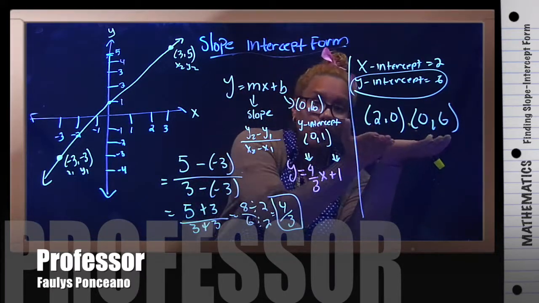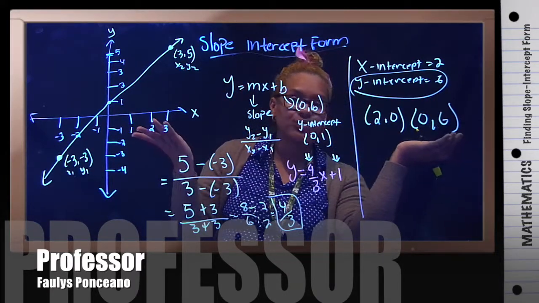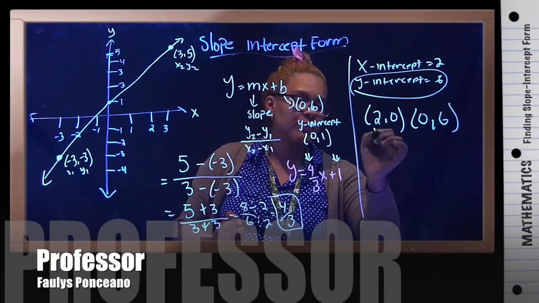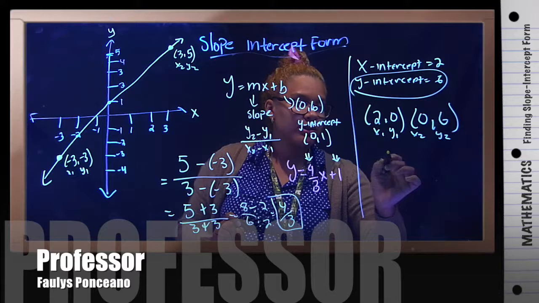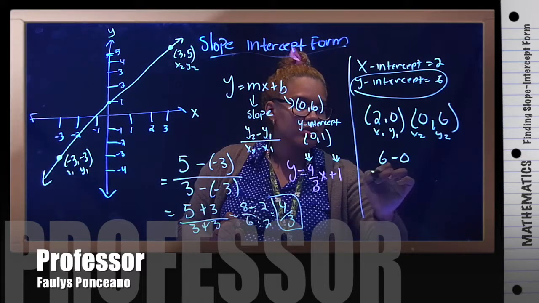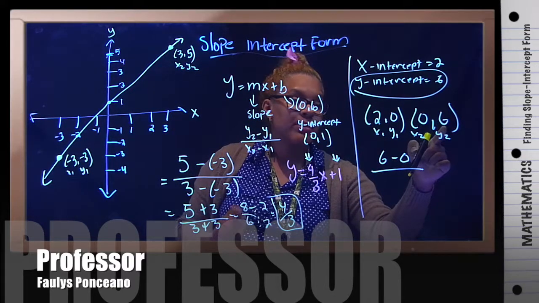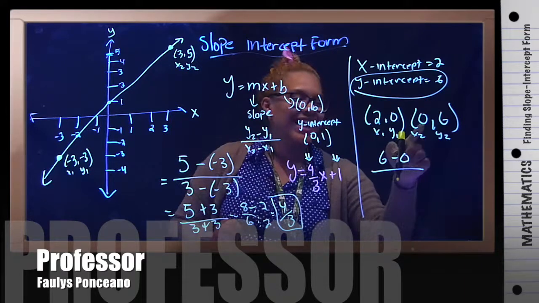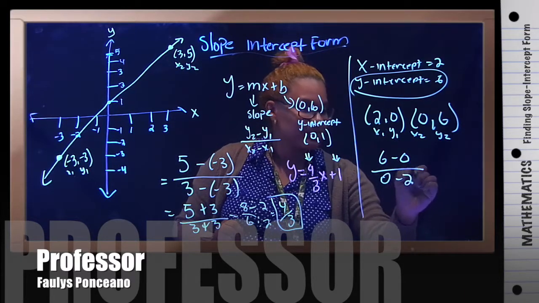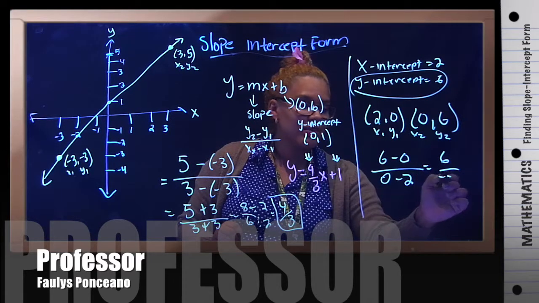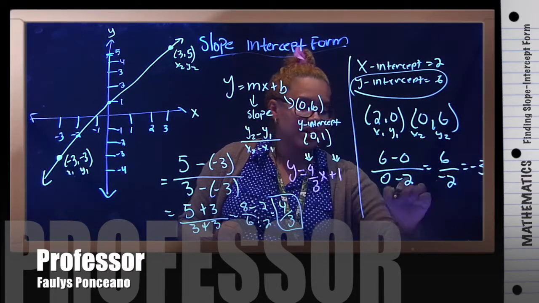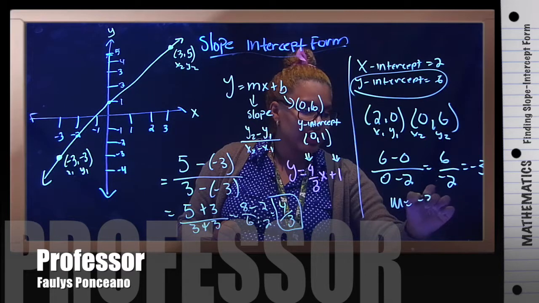So you're given 2 points. What do I do to find the slope? Use my slope formula. Label my points. Then substitute: 0 minus 6 over 2 minus 0... that is, 0 minus 6 is negative 6, and 0 minus 2 is negative 2. Simplify, negative 6 over negative 2 is 3. So m equals 3.